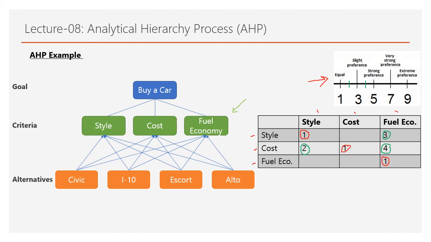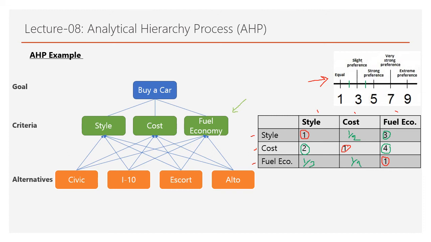If cost to style is 2, then style to cost would be 1 over 2. If style to fuel economy is 3, then fuel economy to style would be 1 over 3, just the reciprocals. And if cost to fuel is 4, then fuel to cost would be 1 over 4.